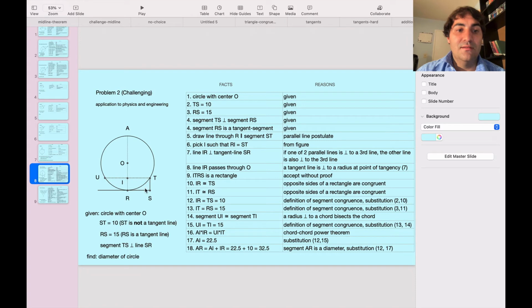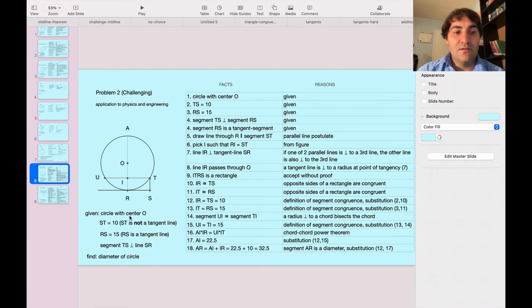T is like the curb point and it's stuck there. It can't go over it. So if you know some physics and engineering, you have to do torques and all that rotation stuff. Anyway, we're not going to get into any kind of physics or engineering in this problem. We're just going to solve it from a geometry standpoint, and we're going to determine the diameter of this circle.